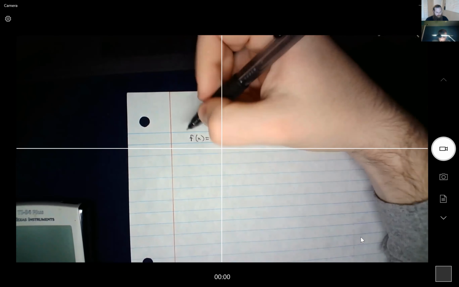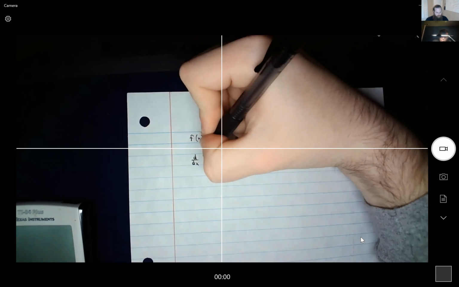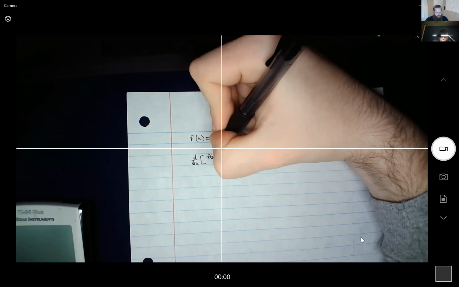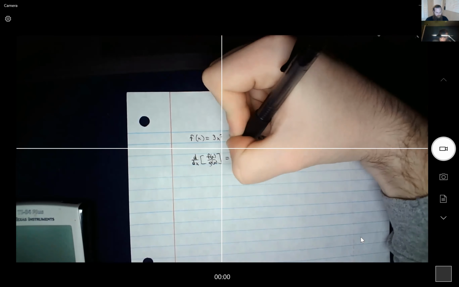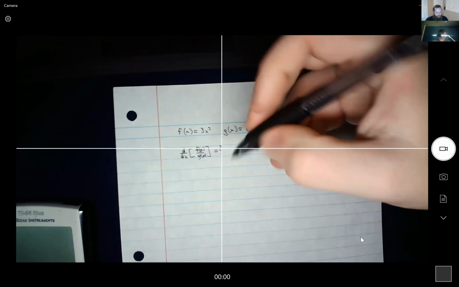So we want to find the derivative of f of x over g of x. So we have to set up like this: d over dx, f of x over g of x.